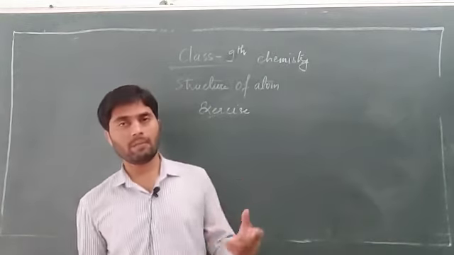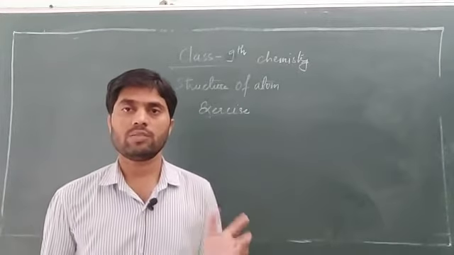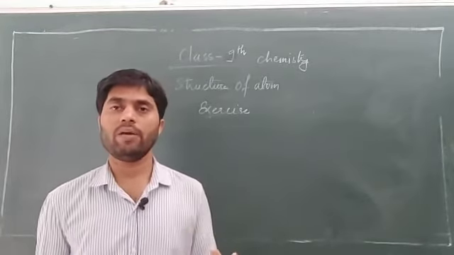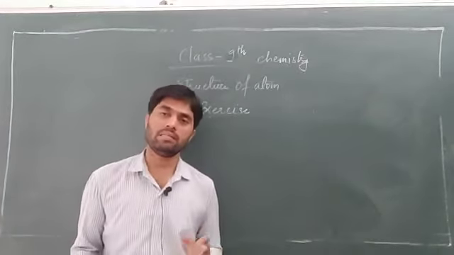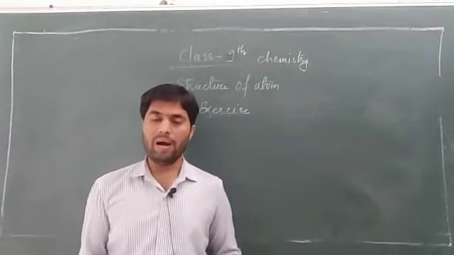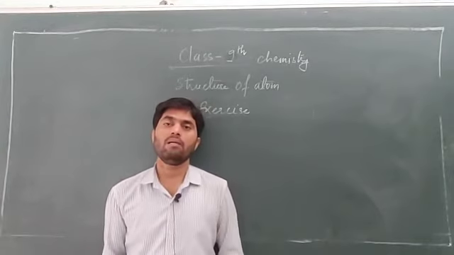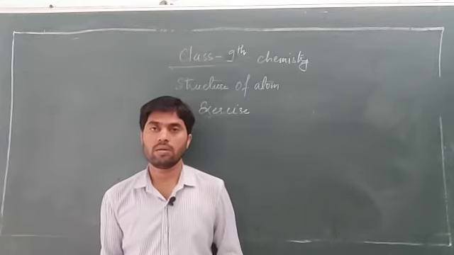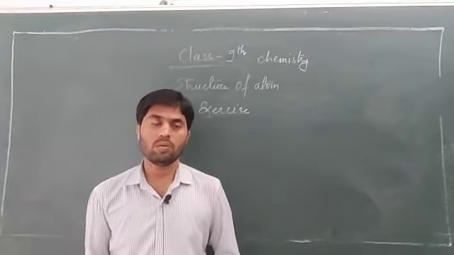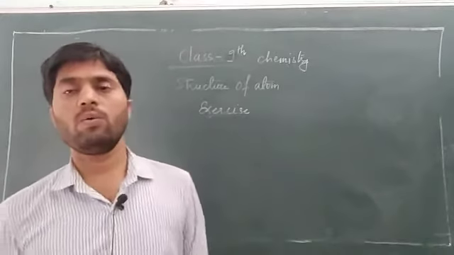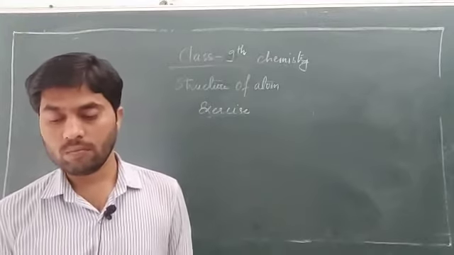For example, carbon contains 6 protons and 6 electrons, that's why its atomic number is 6. Nitrogen contains 7 protons, 7 electrons, that's why its atomic number is 7. Now mass number is the sum of neutrons and protons present in the nucleus. So the sum of the number of protons and neutrons is called the mass number.